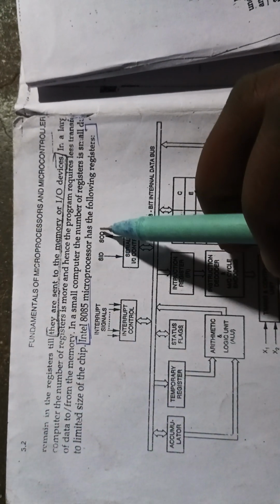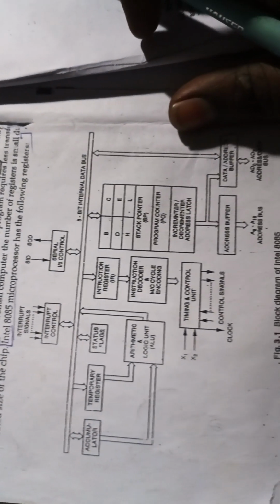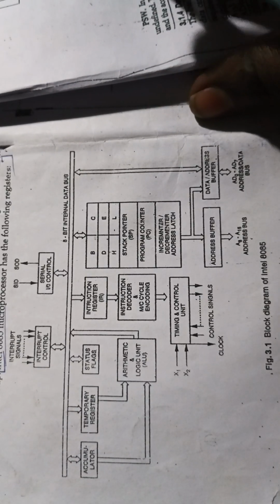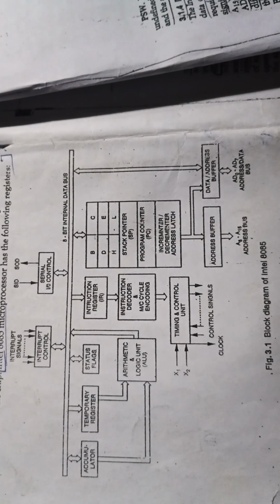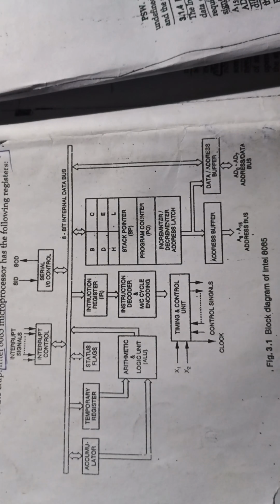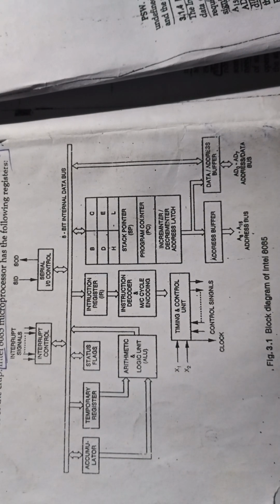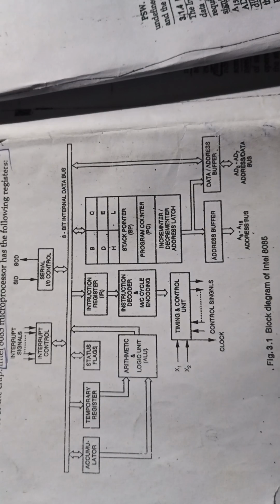So Intel 8085 microprocessor has the following registers. This is the architecture of microprocessor. This is the block diagram. Usually if you see the microprocessor, it is a chip actually. If you remove the screws in your laptop or computer, even your mobile phone, you can see a chip like this.